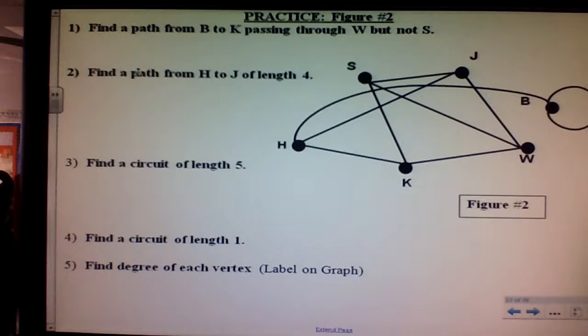J, W, X. 1, 2, 3, 4. Wait, so when on 5 we do all of this?